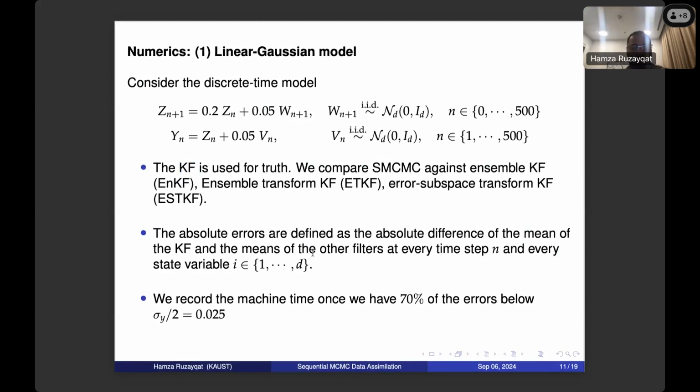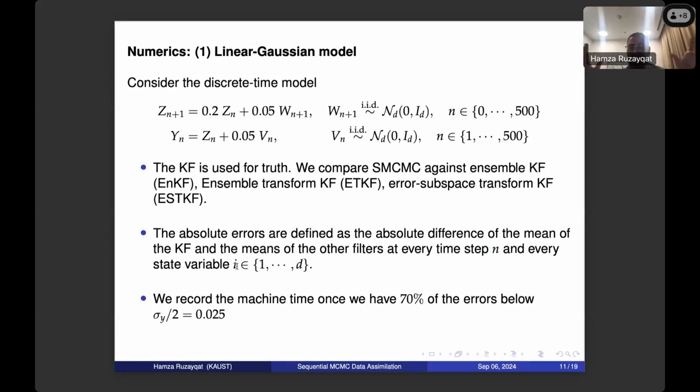We run these and record the machine time once 70% of all the errors, which are defined as the difference between the mean of the Kalman filter and the mean of the filter of interest at every time step n and every state variable i, are small enough.